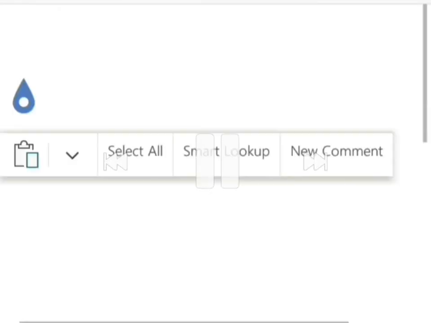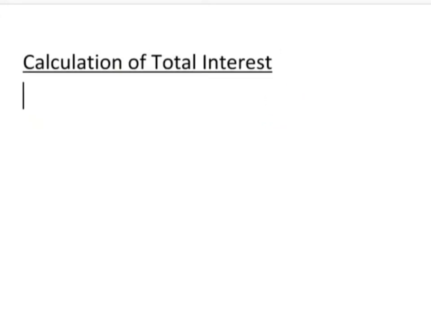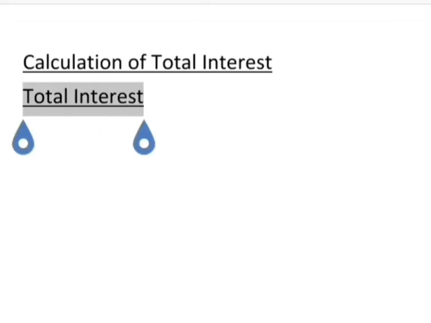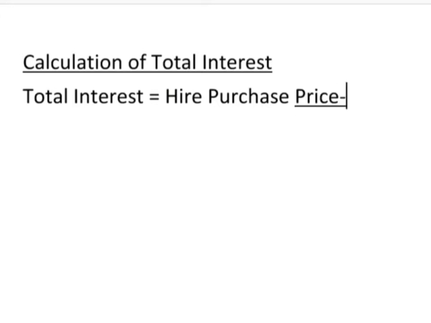Okay, so let us start with the first step, calculation of total interest. The formula, total interest is equal to hire purchase price minus cash price, remains the same. Hire purchase price we can calculate by adding up all the payments made by the hire purchaser. It includes down payment plus all installments.